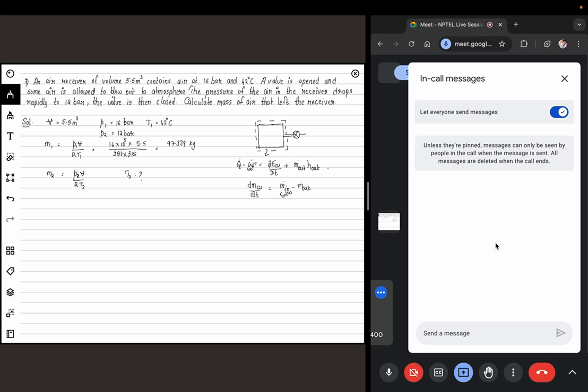And there won't be any work done, because there is no work interaction happening here, and this is basically a container of constant volume. So how do I calculate m dot out?